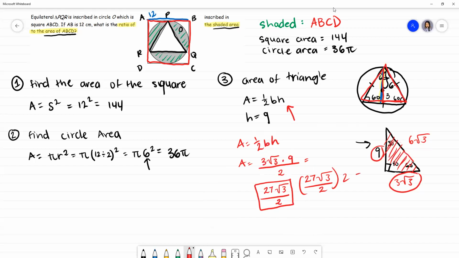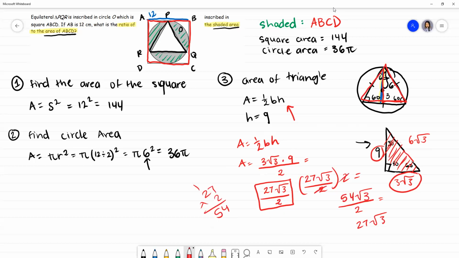Times 2, which is equal to, let's just do the math right here, so that'd be 54 root 3 over 2, which is just 27 root 3.